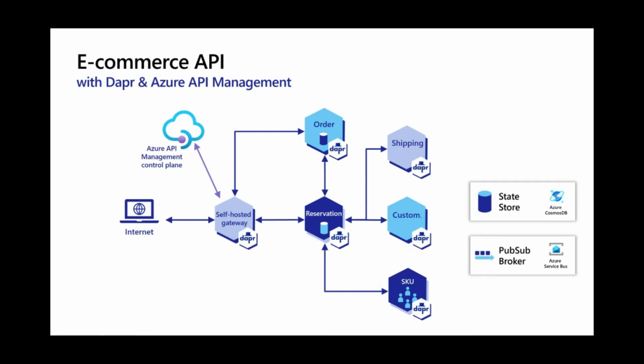You can host the gateway as a container wherever you want, and still benefit from all the management and DevOps capabilities of the Azure control plane. But it will operate inside your environment. And we substituted the previously used Nginx controller with our self-hosted gateway.